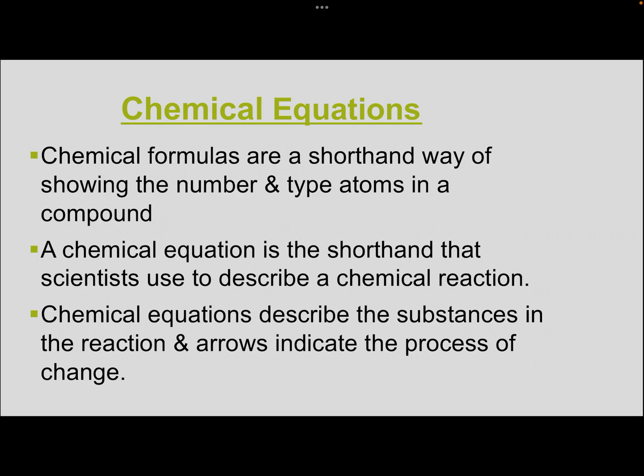A chemical equation is a way of showing how a chemical reaction has occurred. A chemical equation will describe how the atoms have been reorganized and what is produced. You will have a reaction, you will have an arrow to show that that reaction has occurred and the changes that have occurred after the reaction.